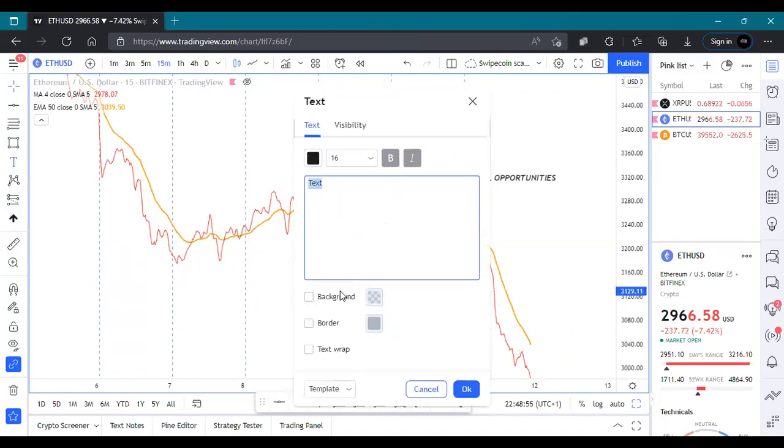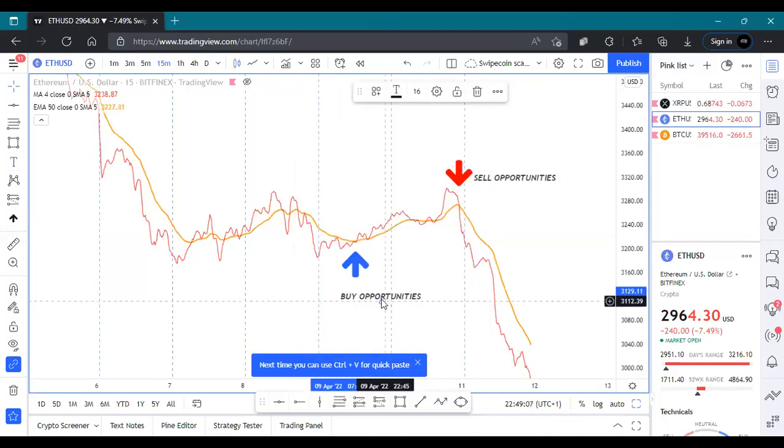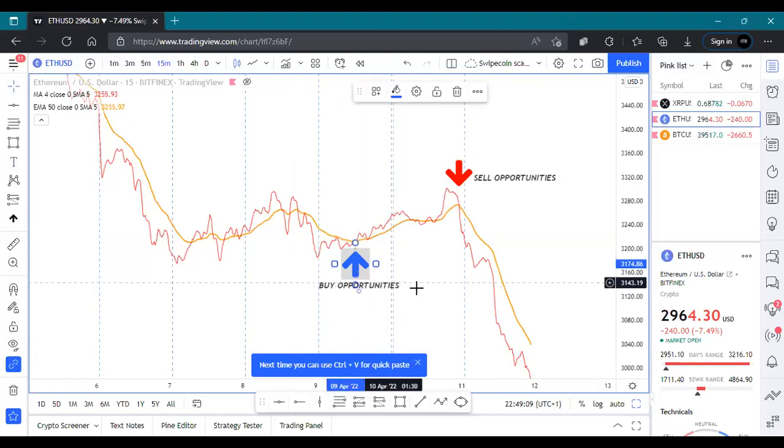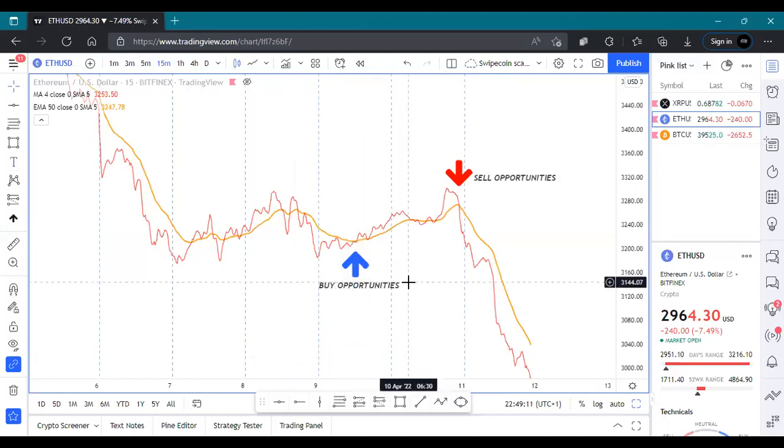So I'm going to show you the old way I was doing it. This is how I've been doing it for a long time. And you know that once you're trading, you need to look for ways to save time for yourself, like you just need to skip those things making it slow for you.